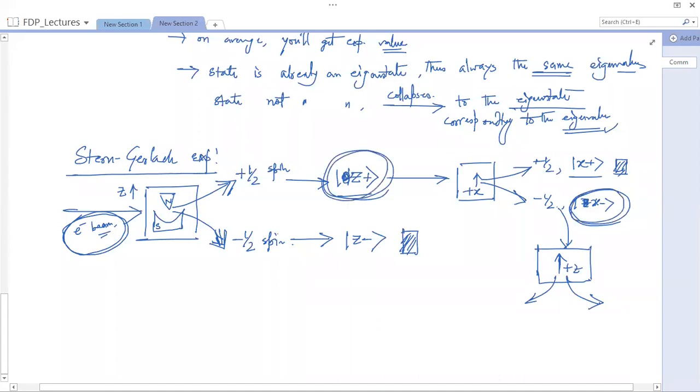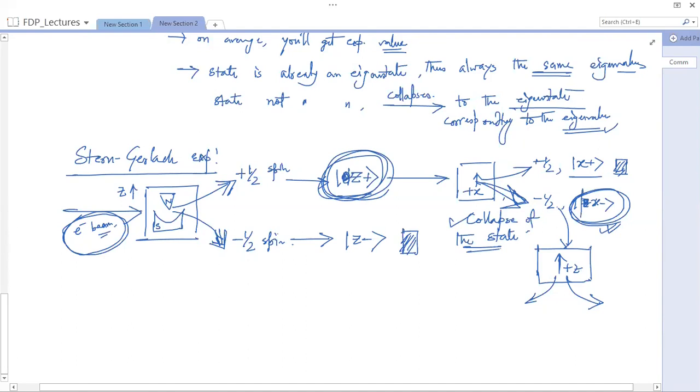Although you started with this plus z state, because of the measurement there is this collapse of the state. That's why the state already got changed.